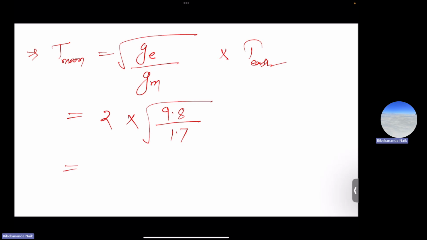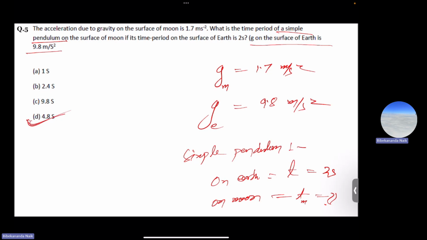It is 2.4. So it is 2 into 2.4, which is 4.8 seconds. So the correct answer is option D, 4.8 seconds.